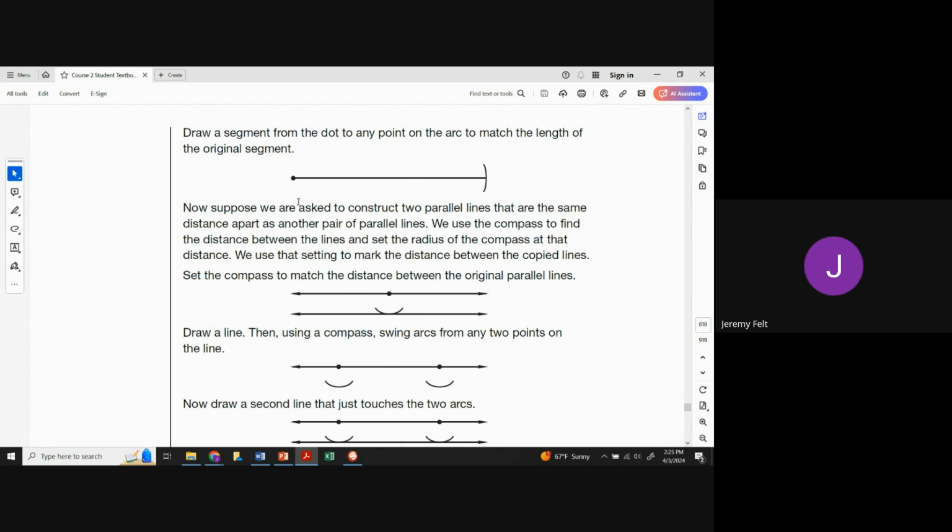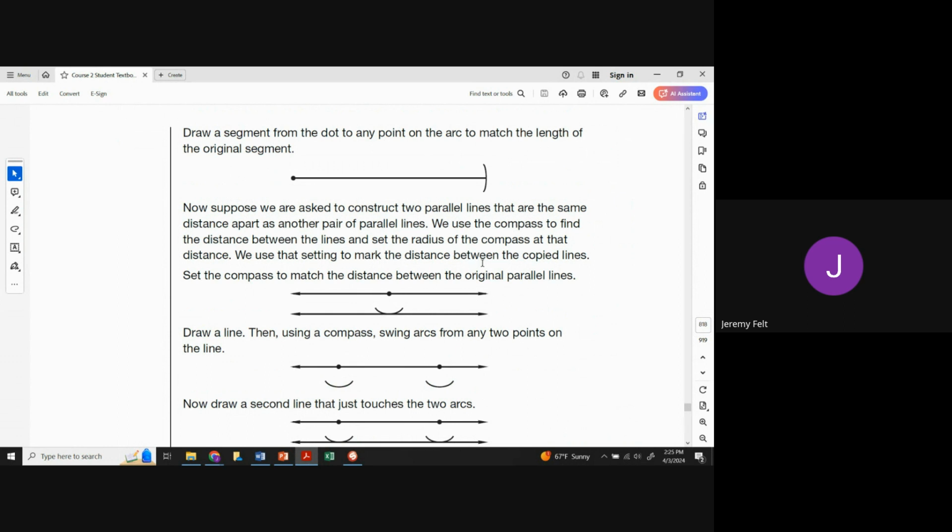Now suppose we're asked to construct two parallel lines that are the same distance apart as another pair of parallel lines. We use the compass to find the distance. The compass touches a point at the outer edge of the arc.